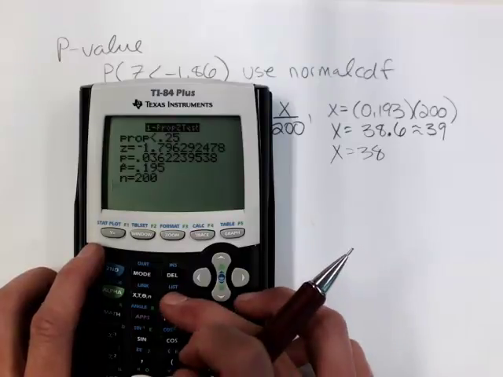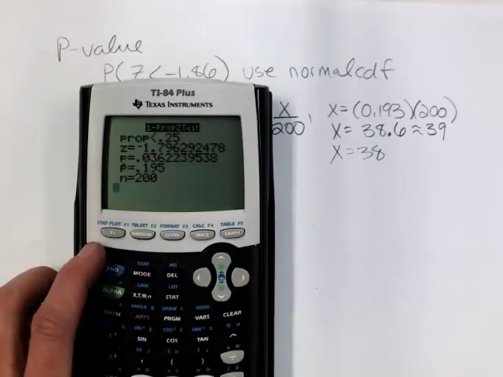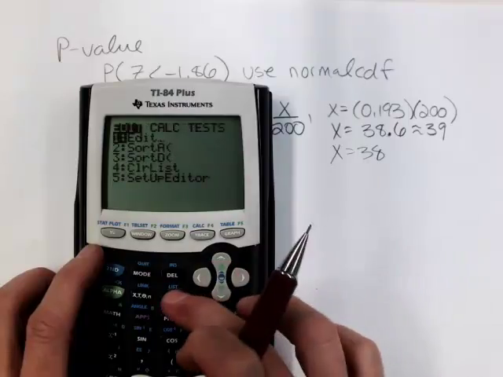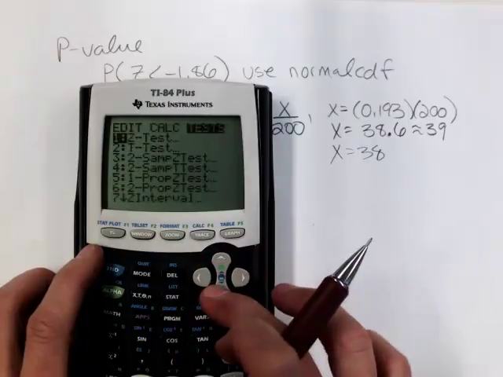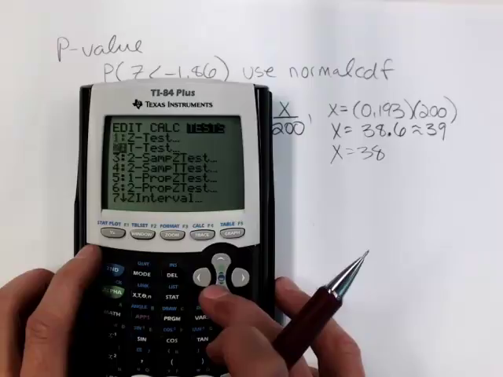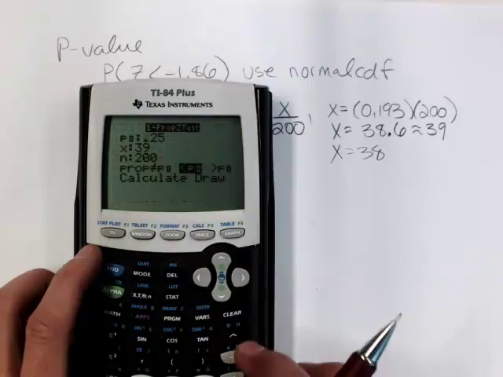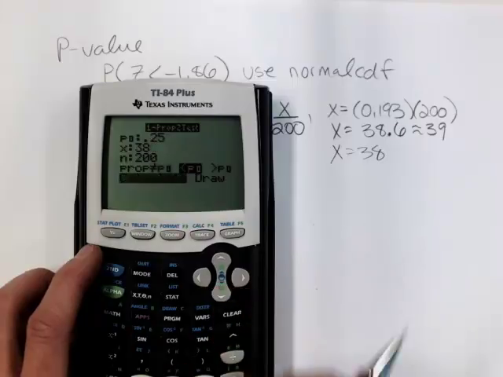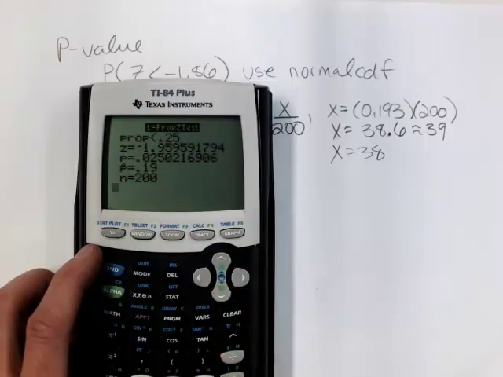Essentially, we want to choose an x value that gives us as close to 0.193 as possible. So let me go back there and change that to 38. Is that worse than before? Yeah. Is it better?